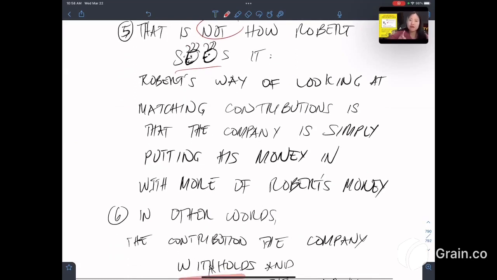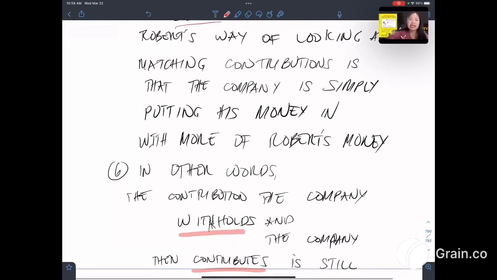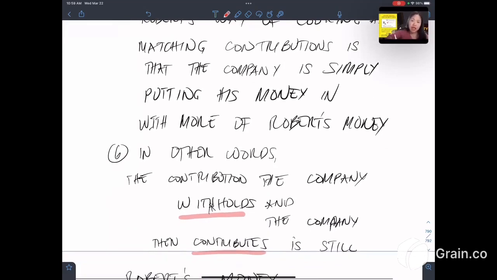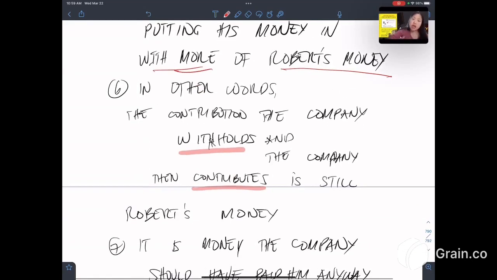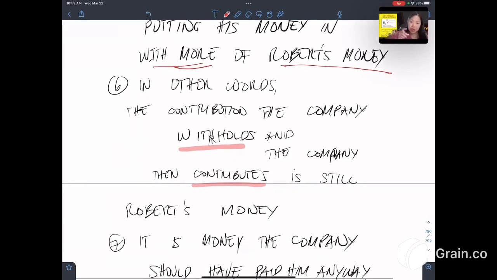Robert's way of looking at matching contribution is that the company is putting his money, your money, my money, when I work for an employer, in with more of Robert's money, with more of my money, with more of your money. In other words, according to Robert, the contribution that the company gives, right?